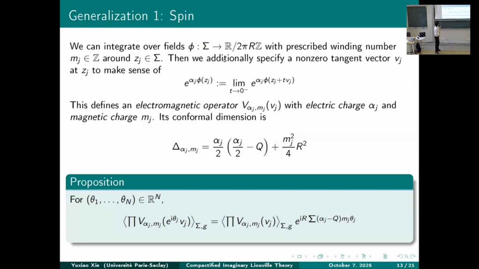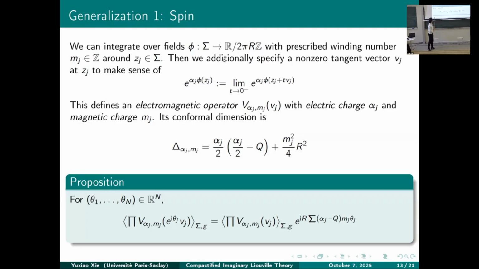This is what we call an electromagnetic operator. We consider the alphas before to be the electric charge and the winding numbers here to be the magnetic charge. There is this T-duality which says that they should be dual in some sense, but it's not clear how you would realize this in the path integral in the Liouville case. When you add this, it changes your conformal weight by this factor.